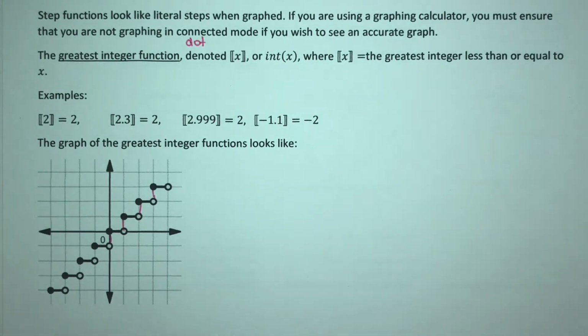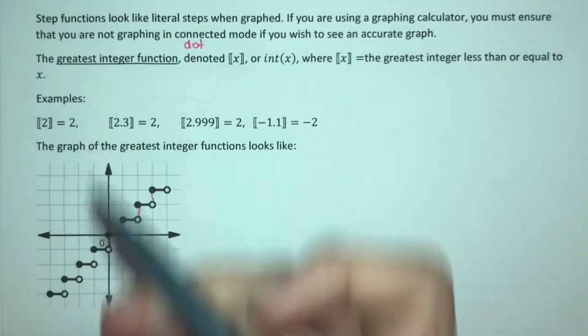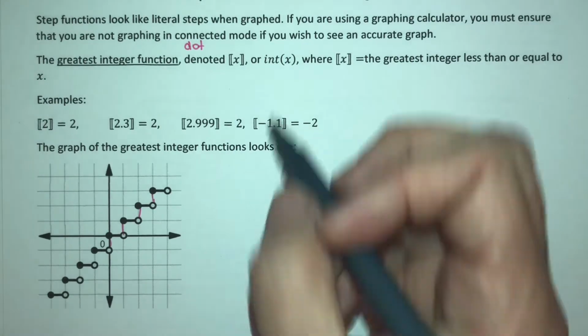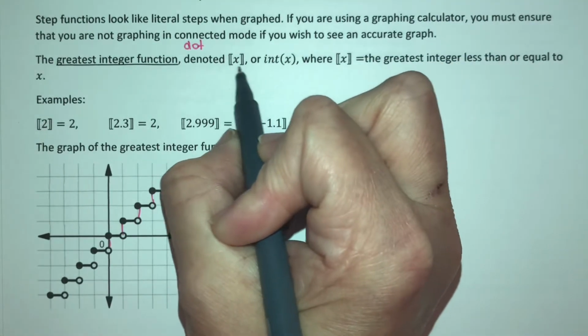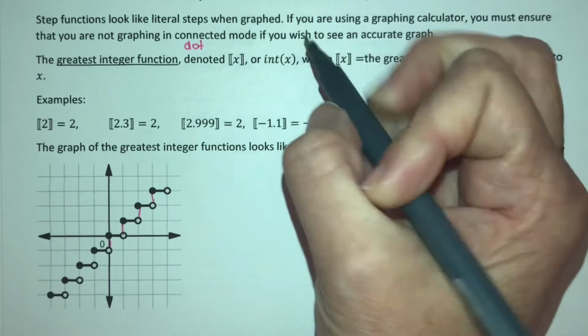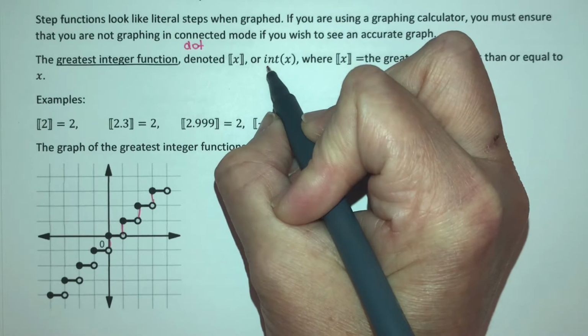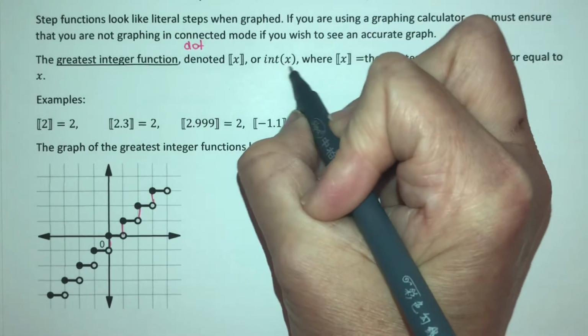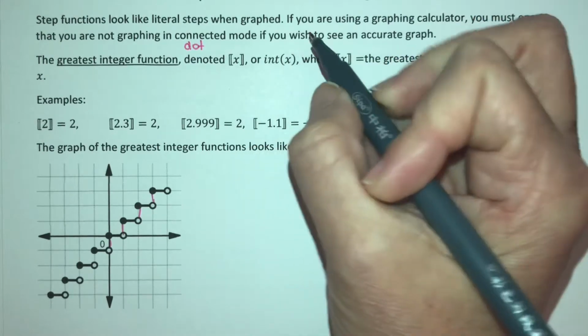One of the most common step functions is called the greatest integer function. It is denoted with this double bracket right here, or you can also see it as INT(x). The double bracket is the way the book uses it, and INT(x) is the way most graphing calculators use it.